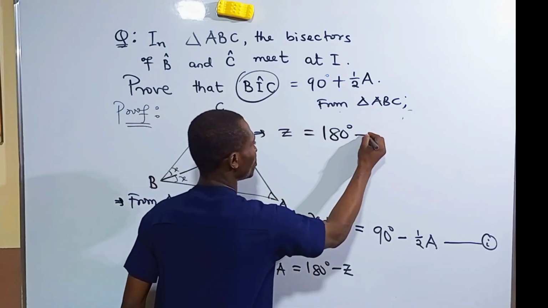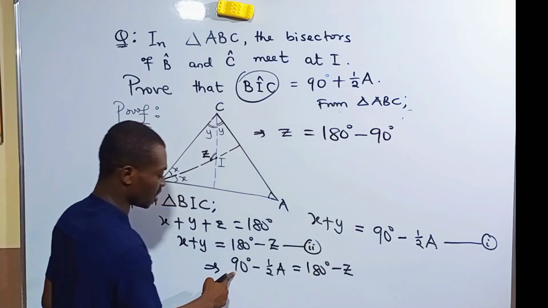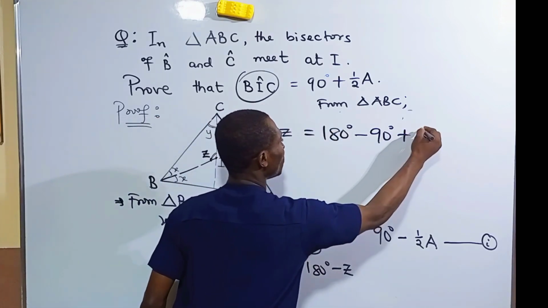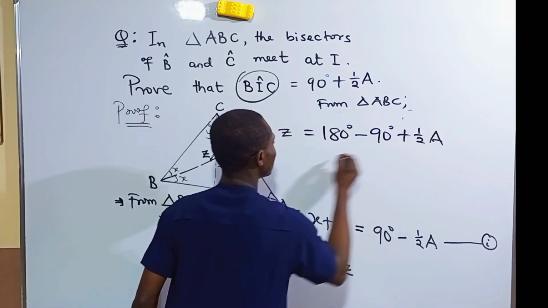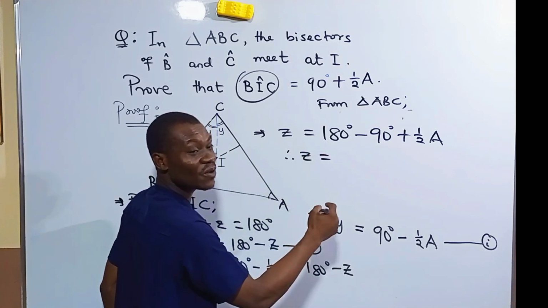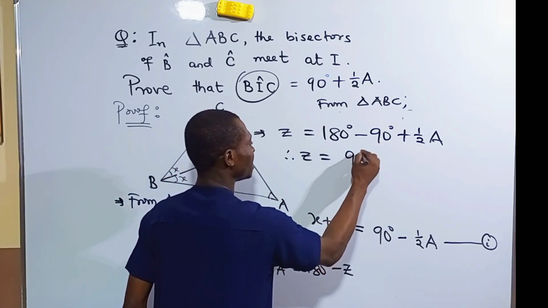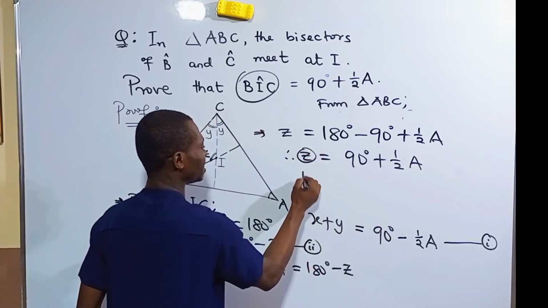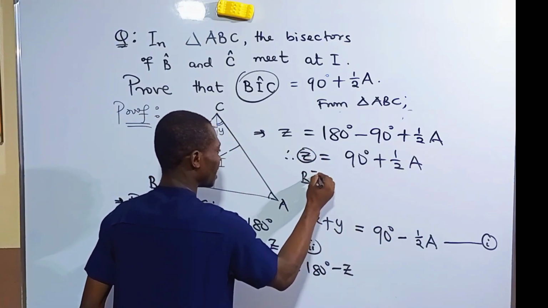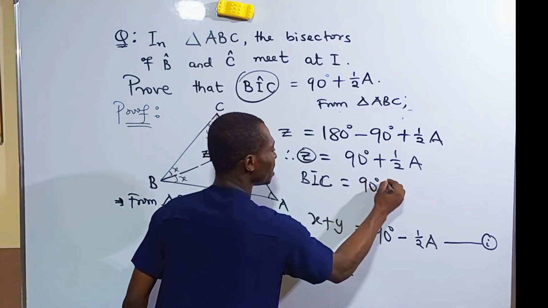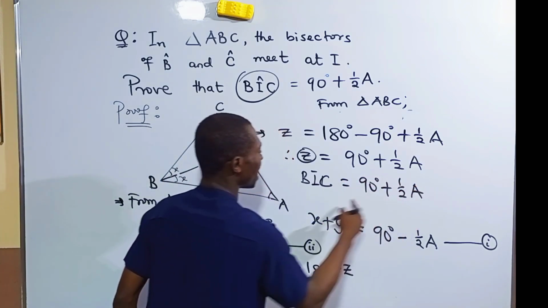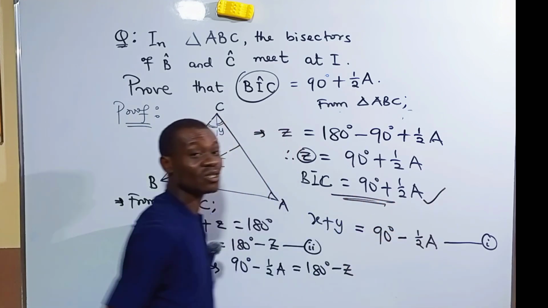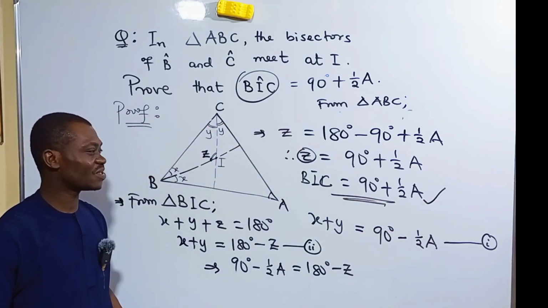The 90 coming over here becomes minus 90, because it is positive here, and minus half A coming over here becomes plus half A. So my z will be equal to 180 minus 90, which is 90 degrees, plus half of A. Recall that this is our BIC, and so we have proven, as required, that BIC is equal to 90 degrees plus half A, and that is the solution.